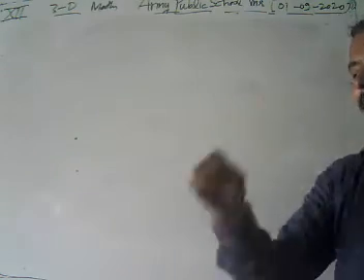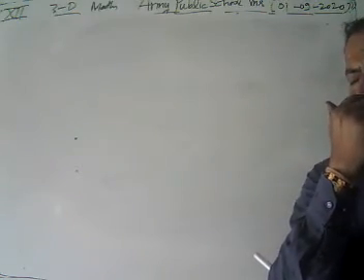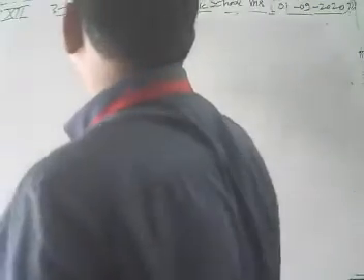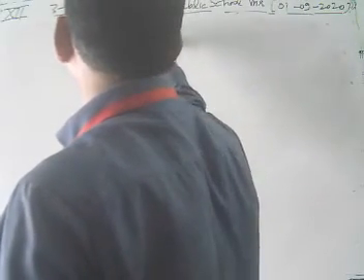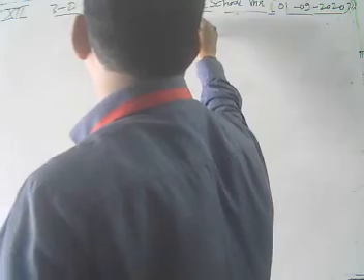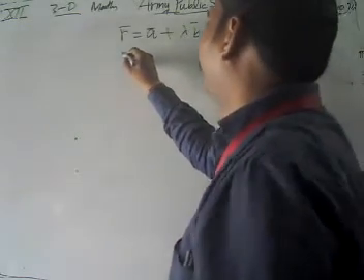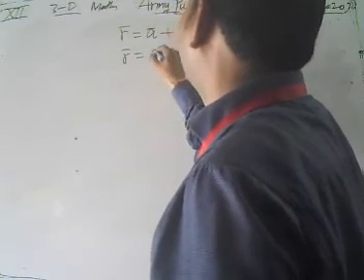Suppose we have two lines, and there is a condition so that the two lines are coplanar to each other. Suppose the first line is given by r = a + λb, and the second line is given by a prime.